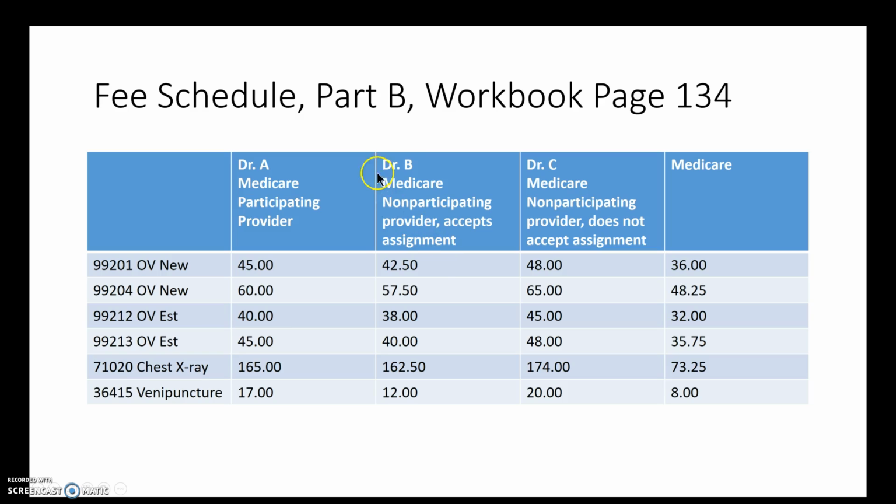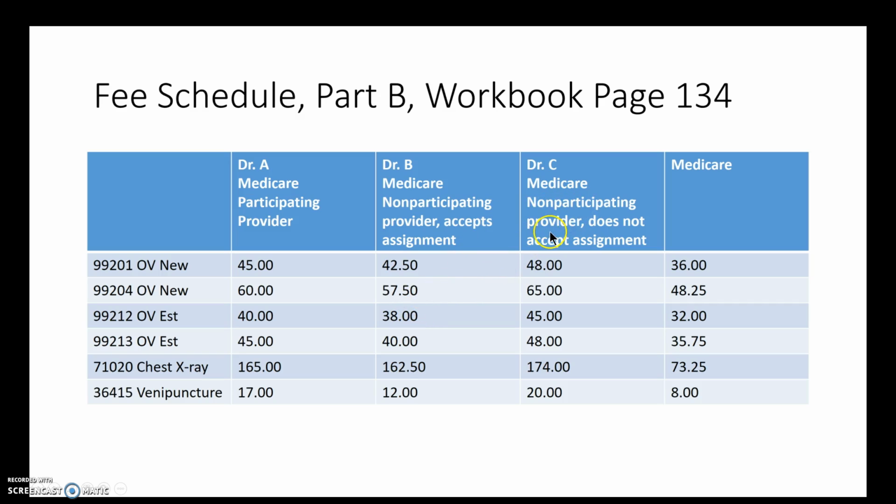When we go to the fee schedule, here's your scenario for the 3 providers. Dr. A is a participating provider with Medicare. If you're not a Medicare patient, this would be Dr. A's standard fees that she would charge her patients. Dr. B is a non-participating Medicare provider, so this doctor does not participate with Medicare, but does accept assignment, meaning that Medicare can send the payment directly to the provider.